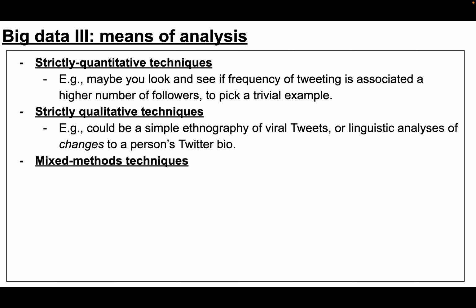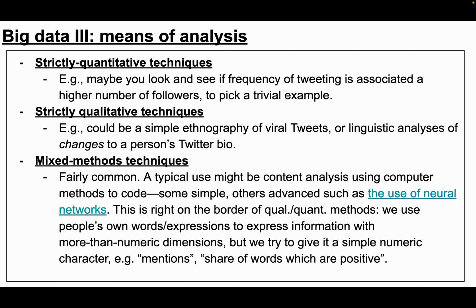But you can also use mixed methods techniques, and these are fairly common. So a typical use might be content analysis using computer methods to code. So things here might be that you try to, for example, predict by, say, the length of words in an email or the presence of misspelled words. A lot of times spam emails, for instance, are written in forms of English that are outdated.